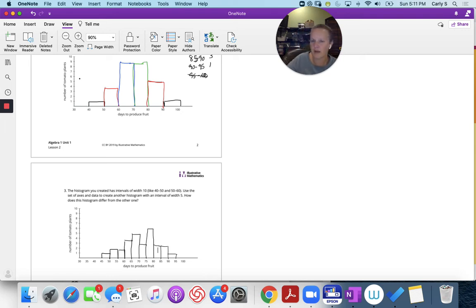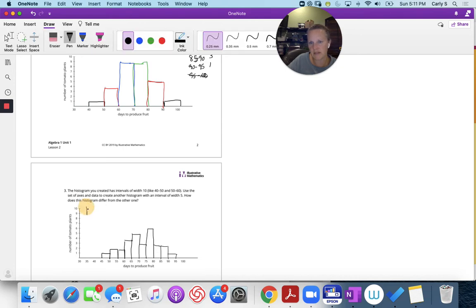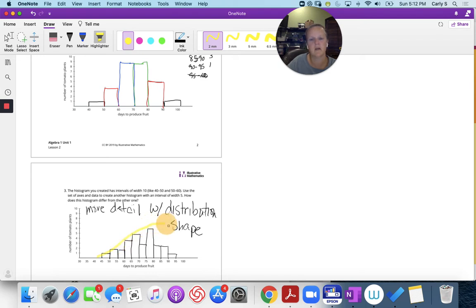I'm going to write a vocabulary word. So there's more detail with the distribution shape. And that actually means this shape, like the distribution shape. That was awful. My pen.